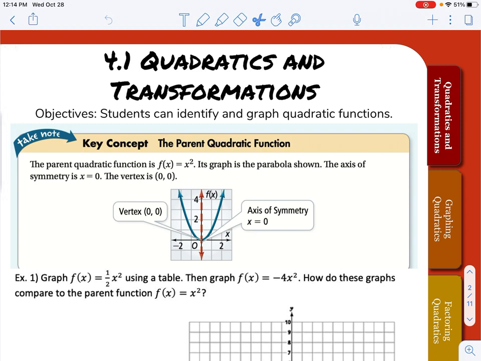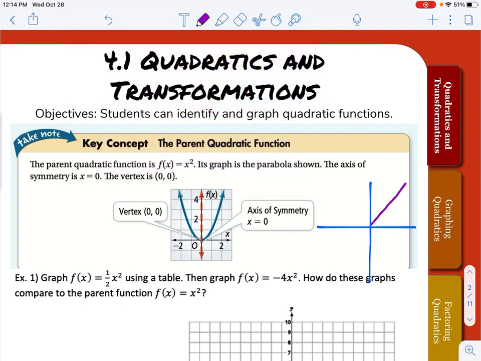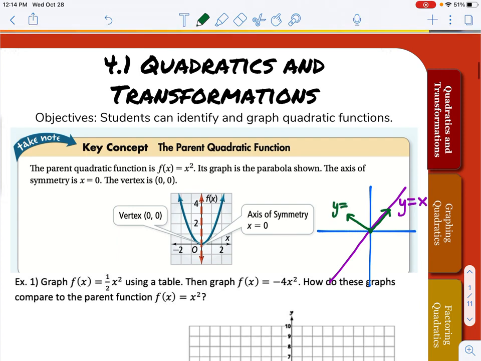We have parent functions for a bunch of different things. We have parent functions for linear, which is simply y equals x. We have parent functions for absolute value, which is y equals the absolute value of x.